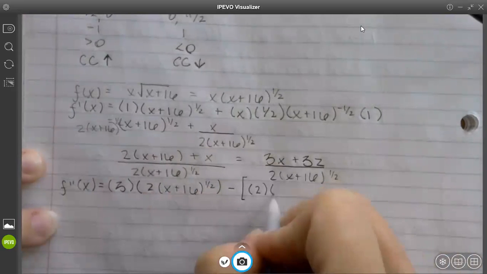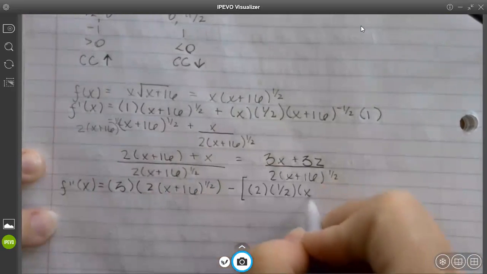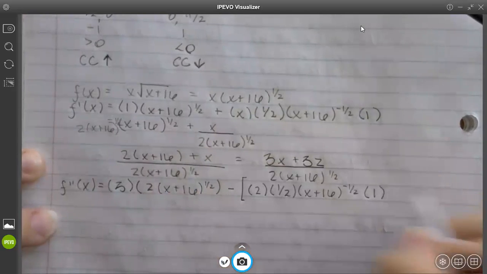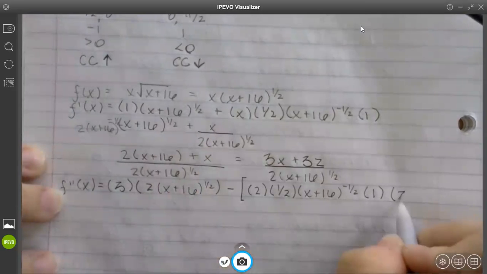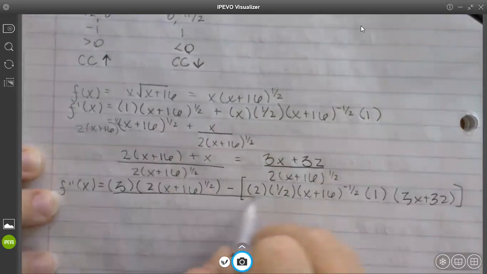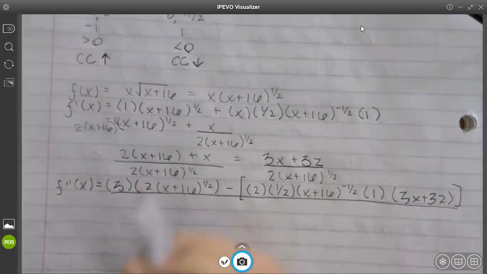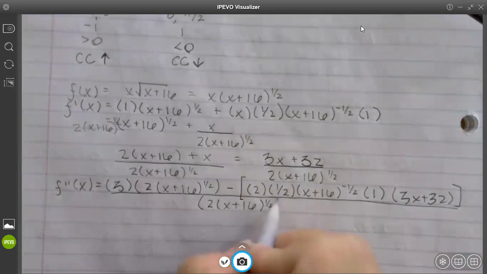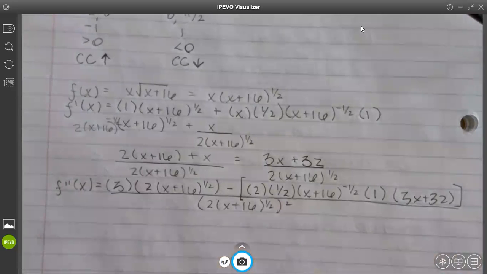We have a 2, a 1/2, x plus 16 to the negative 1/2 times a 1, but also times the top. Looks like a lot, but it'll clean itself up nicely. And then 2 times x plus 16 to the 1/2 squared. Is everybody good?